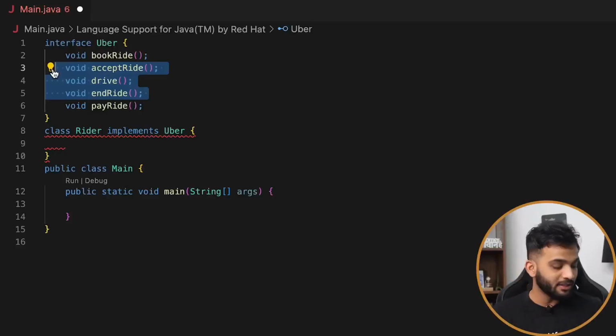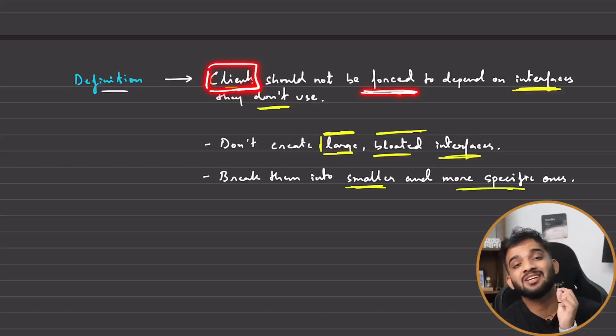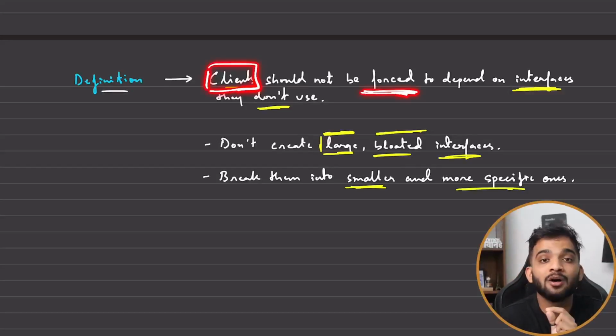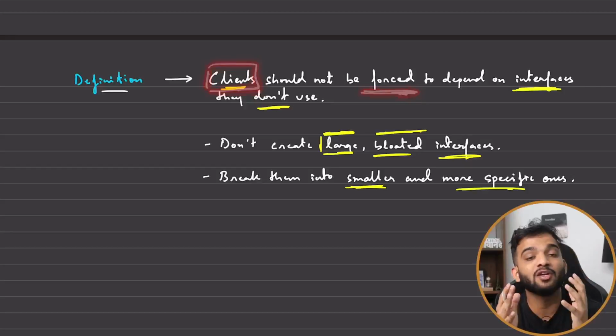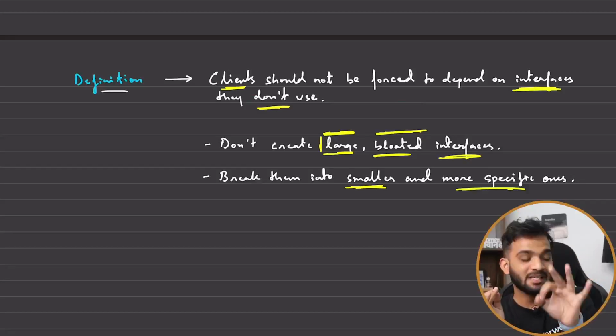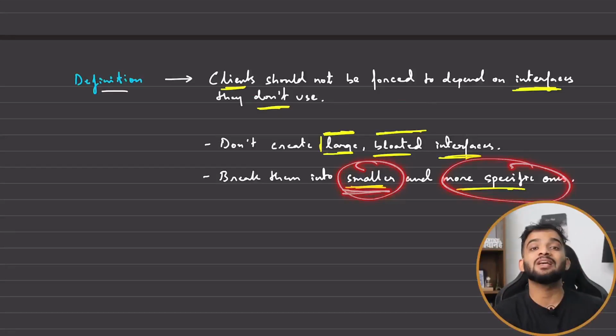So if you go back to the definition, it states clients should not be forced, because the rider is implementing Uber, he'll be forced to implement acceptRide, drive, and endRide. And that should not be the case. And that is the definition of ISP. ISP is stating break them into smaller and more specific use cases.